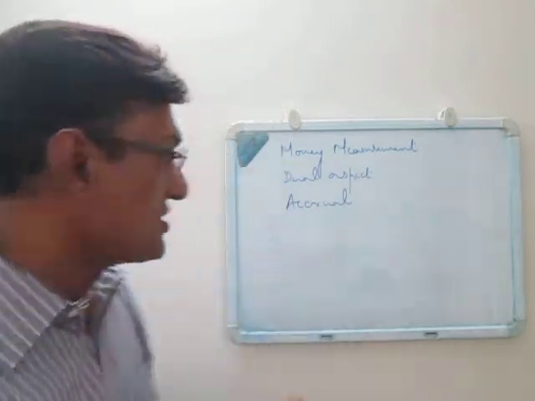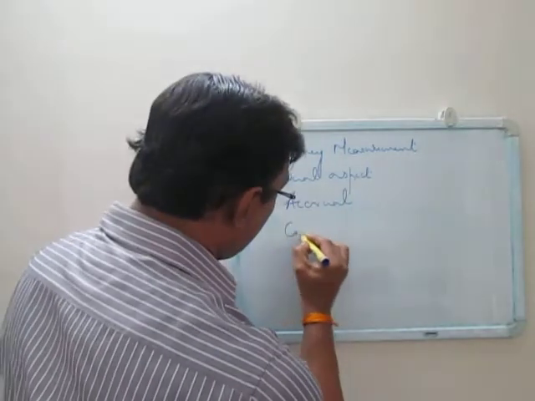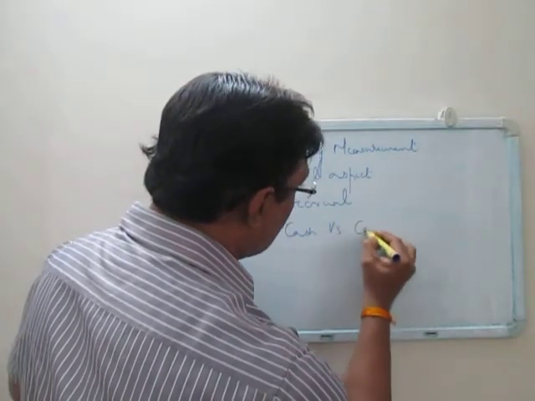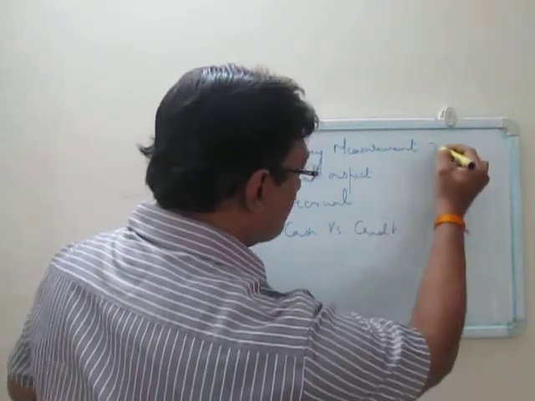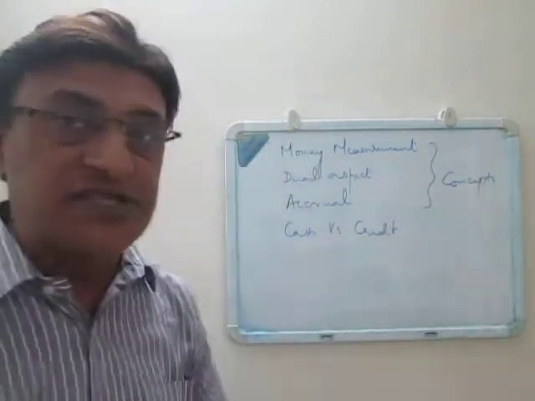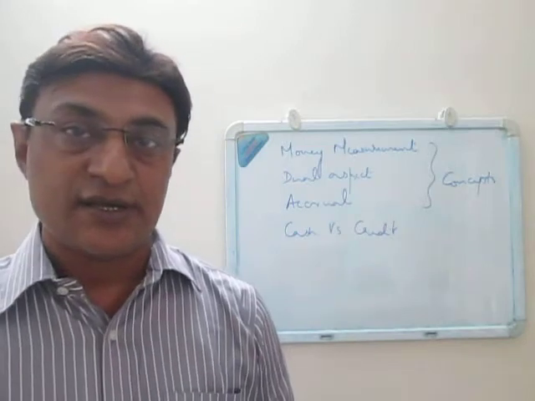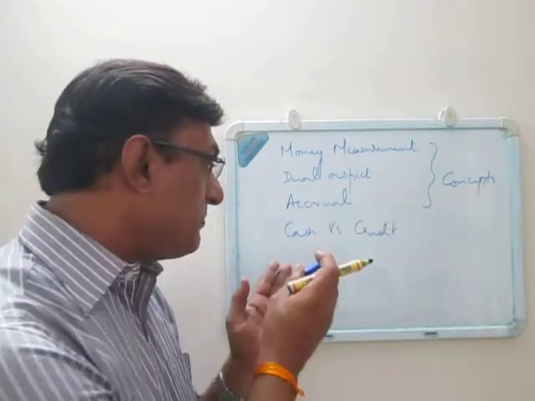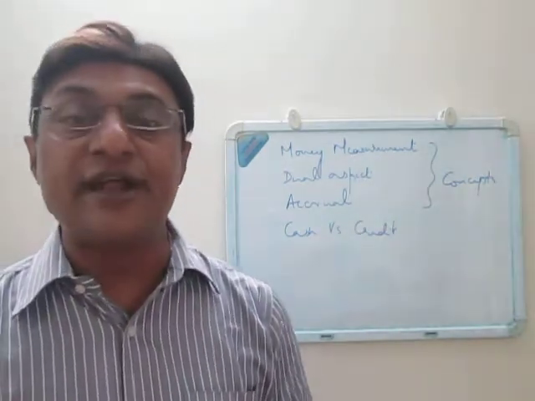And the fourth was the distinction between cash and credit. So these three are concepts or principles. The distinction between a cash transaction and a credit transaction.